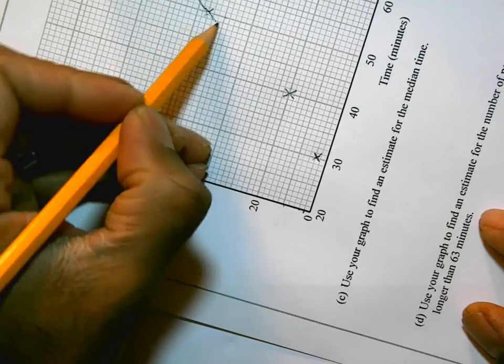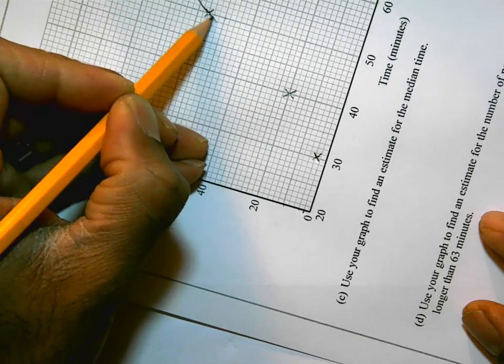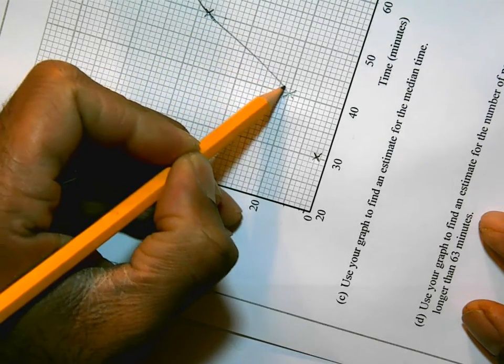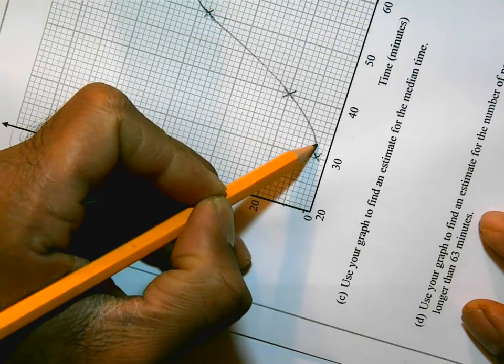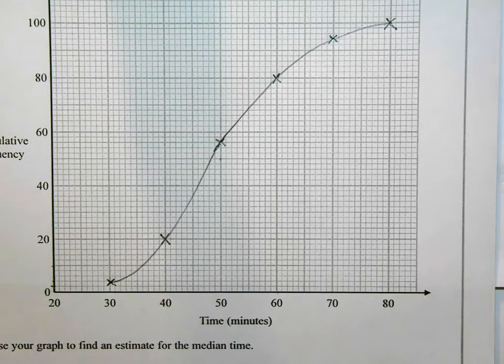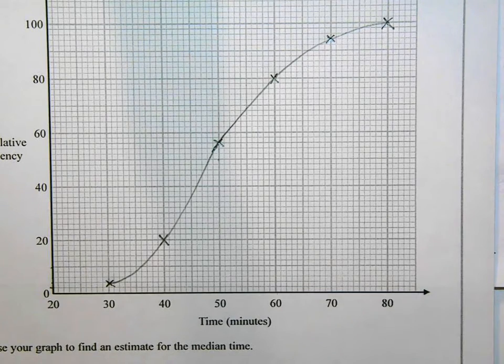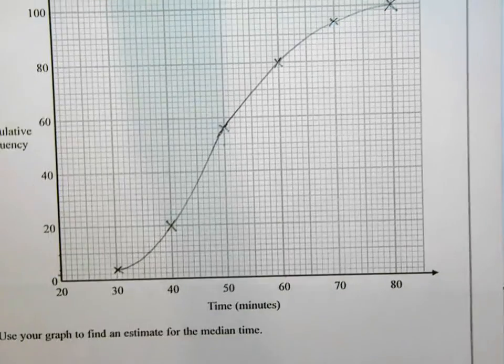I'll do it in one go and make sure I have one line going through them. It doesn't need to be a work of art, but you just need to make sure you draw a smooth curve going through all the points.